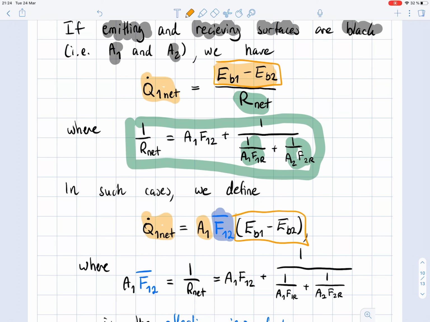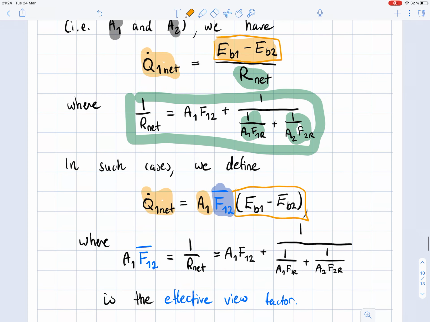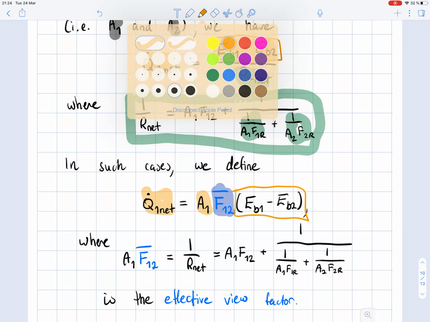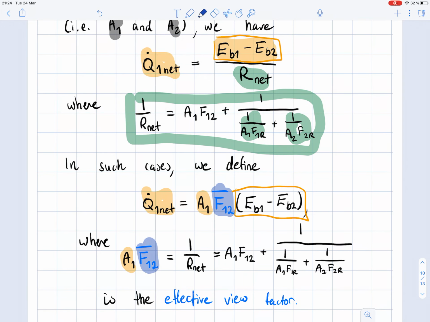This is to have it analogously to our previous definitions of the view factor. In this case, the product between the area A1 and this view factor is then equivalent to 1 over the net resistance, and that we have introduced already.